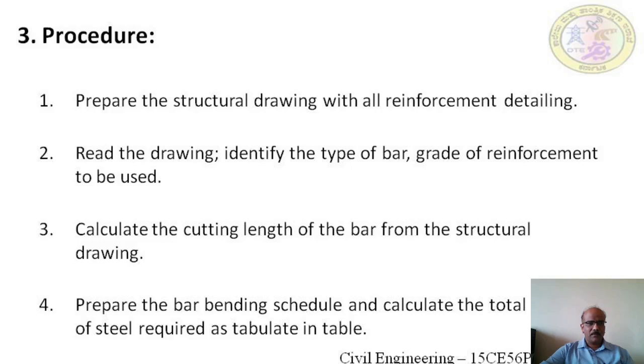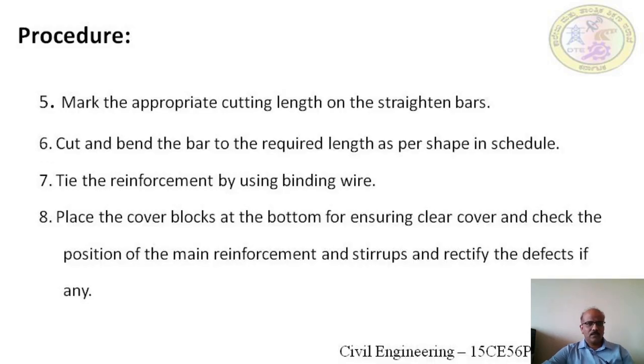Then we need to prepare the bar bending schedule and calculate the total steel required, and tabulate it in the bar bending schedule table. Once you calculate the cutting length of each bar, you have to mark the appropriate cutting length on the straight bars.